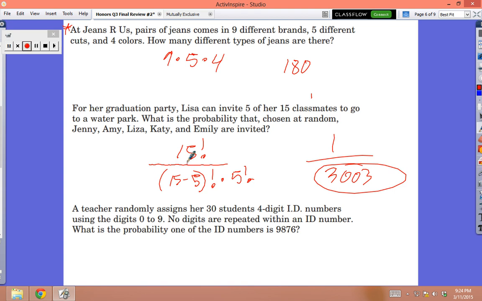So if you punch that in, 15 factorial divided by 15 minus 5, so that's 10 factorial, and then divide that by 5 factorial, that gives you 3003. So there's 3003 combinations. So what are the chances she chooses these 5 as one of those combinations? So it's 1 out of 3003.